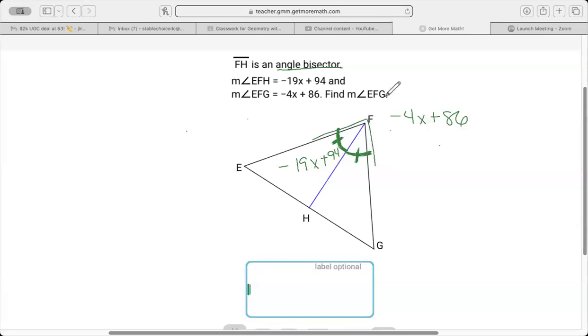So there's a couple ways you could go about doing this. You could write it all out twice, which seems like a lot, or we could recognize, well, I have two of these, two of them that are the same measure. So that would be 2 of the negative 19x plus 94, and write it as distributive property, is going to equal the negative 4x plus 86.